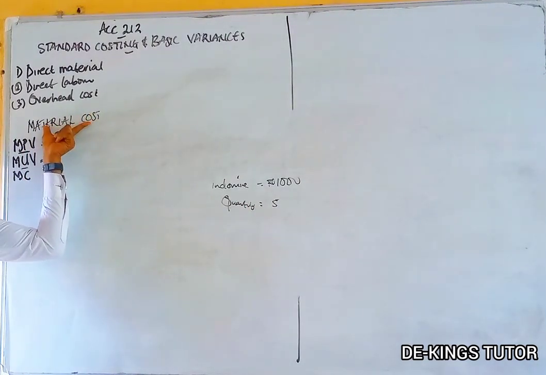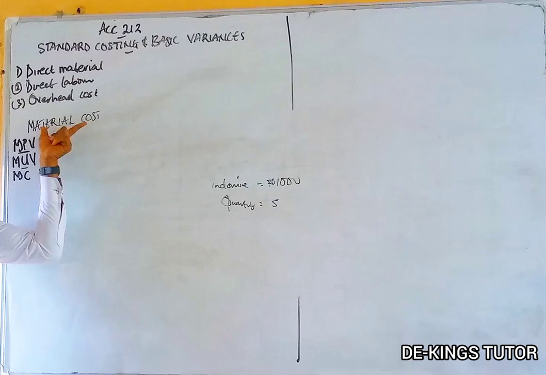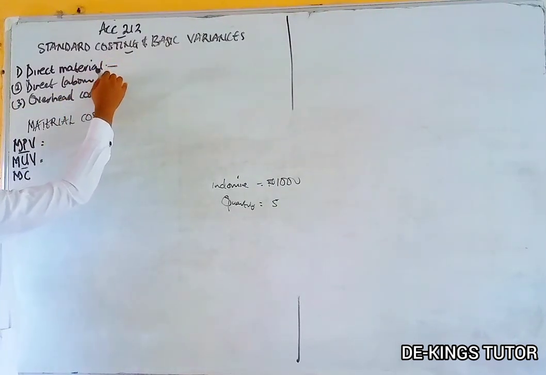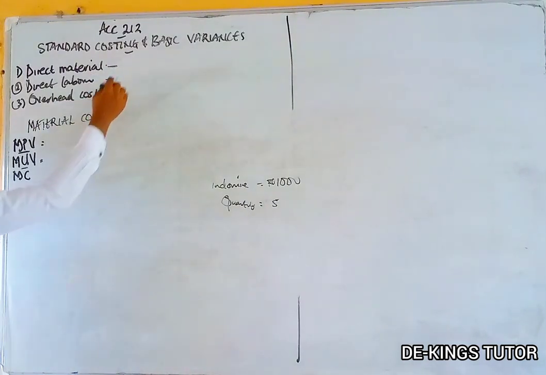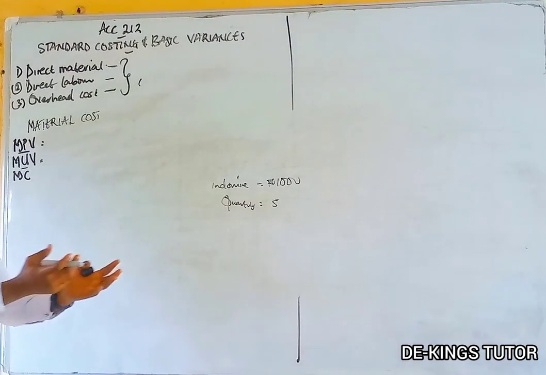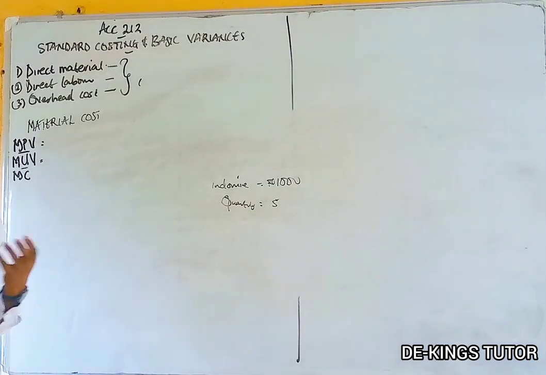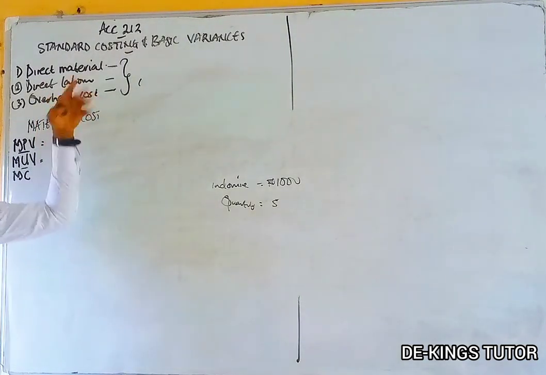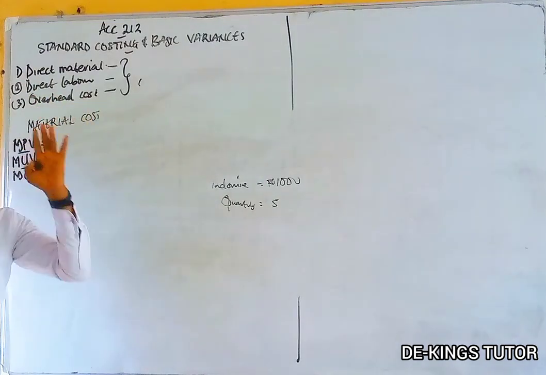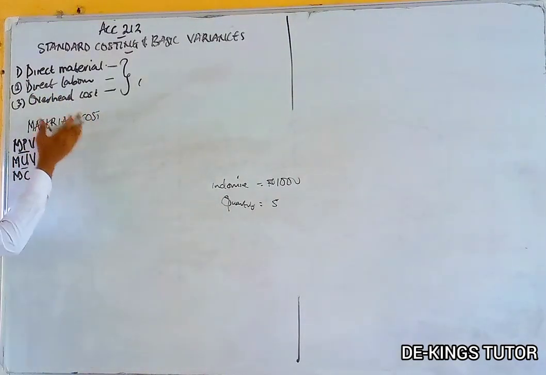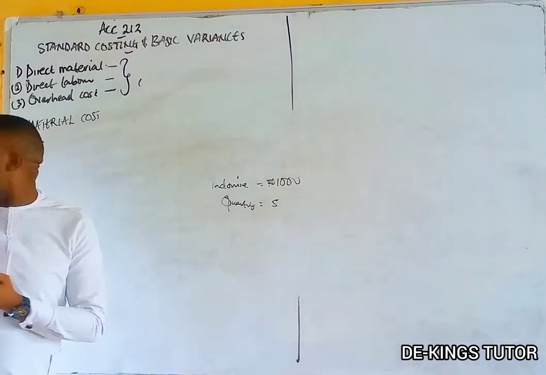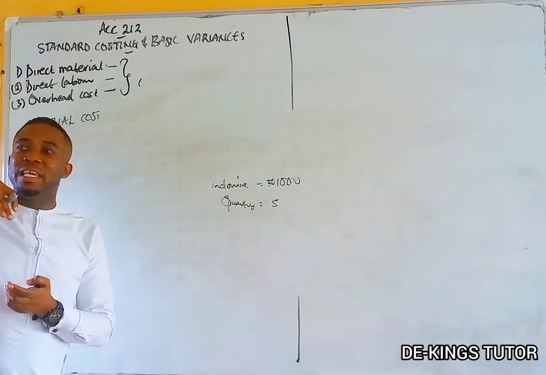We want to see if variance occurs in the material. Remember, we said classification is for material, labor, and overhead cost, because this is what determines the cost of a product. The material, those raw materials you bought, the labor, the people working on it, and other expenses that cannot be traced. That's what we call overhead expenses, which is also known as indirect. Now we want to determine their variances.